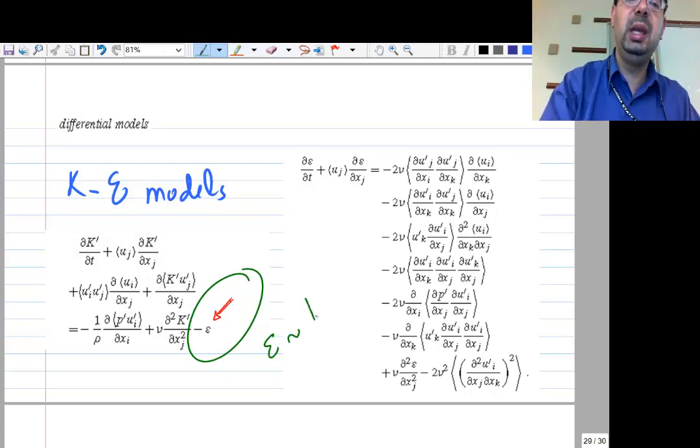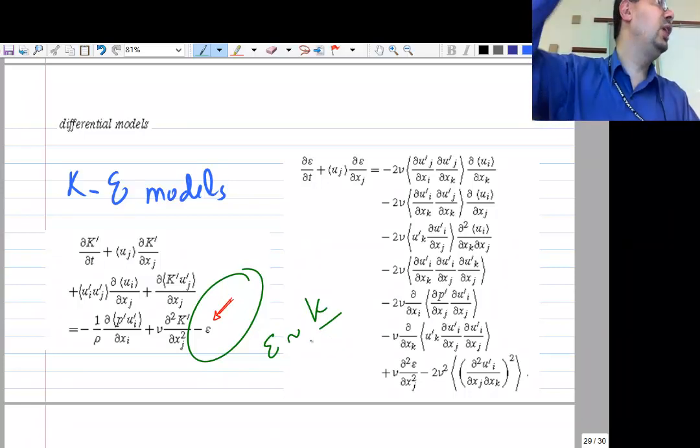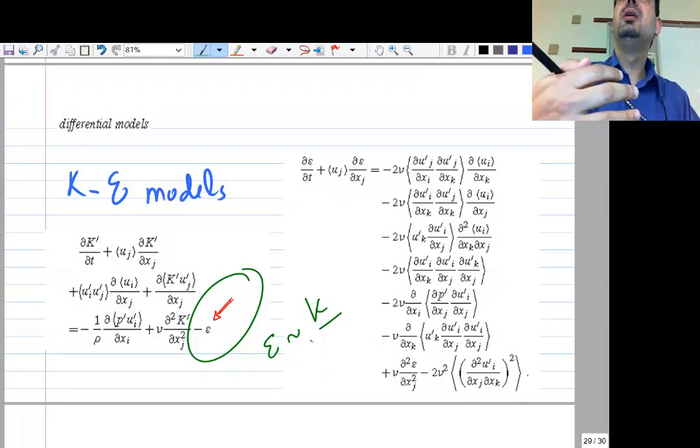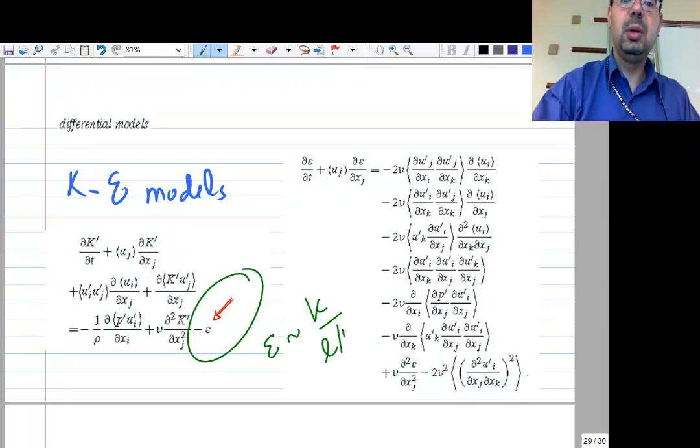Epsilon is probably K over some kind of a time, because it's the rate of decay of K. I'm going to come up with a time scale out of L and U. It's L over U. That's how I'm going to get my time. What is the length scale? Well, I will figure a length scale for turbulence. I will figure a velocity scale for turbulence, and I'm done. I don't need an equation for epsilon. Okay?